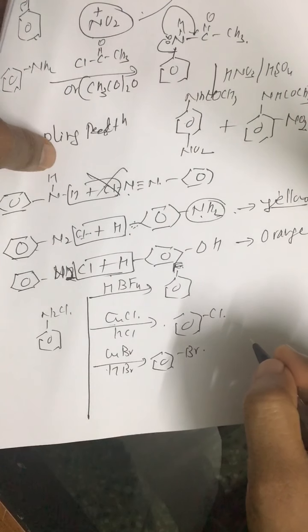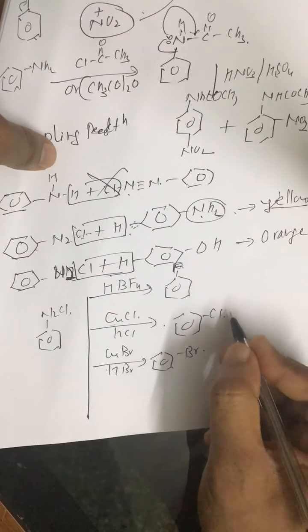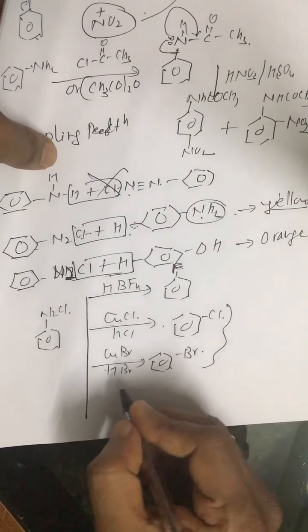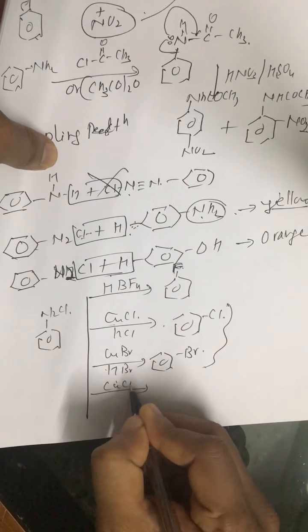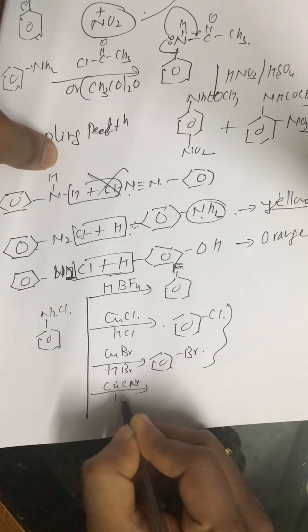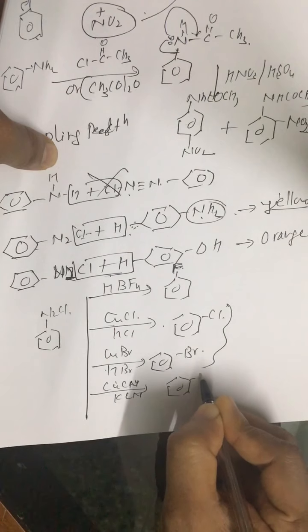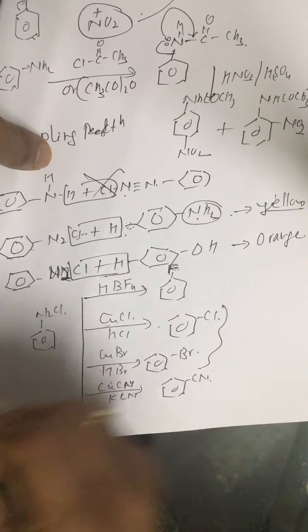These reactions are called Sandmeyer reactions. Or with CuCN and KCN, we get cyanobenzene. All these reactions are called Sandmeyer reactions.